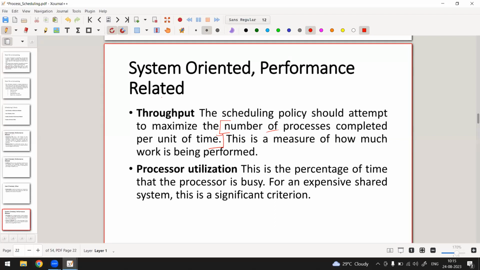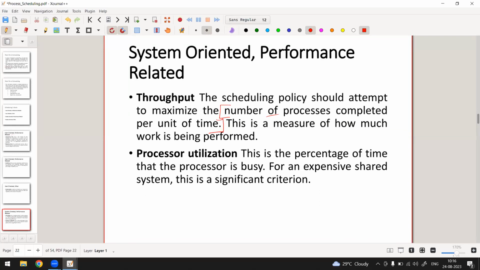Always your goal should be to maximize the throughput, because as your throughput is more, you can conclude that more work is being done.